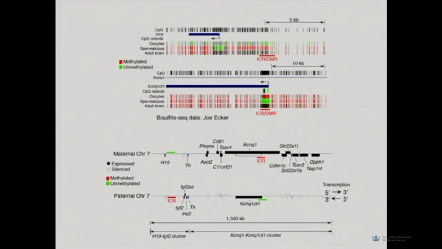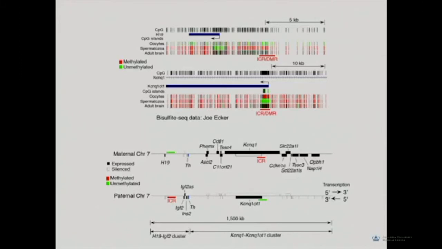After the gametes combine in fertilization, these allele-specific methylation patterns persist for the life of the individual. If we look down here at maternal chromosome 7, if this region is methylated at the 5' end of the KCNQ1OT1 gene, this untranslated RNA is repressed, and all of these genes are expressed from the maternal chromosome.